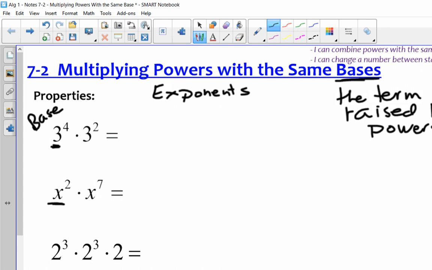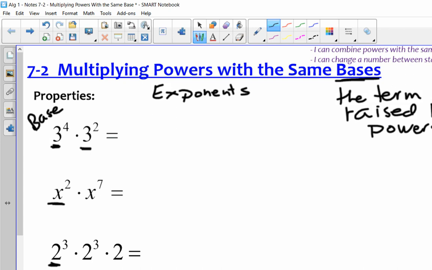Down here at the next example, the 2 is a base. In this section we're multiplying terms that have the same base. If you look at these two, they have the same base, so I can put them together.